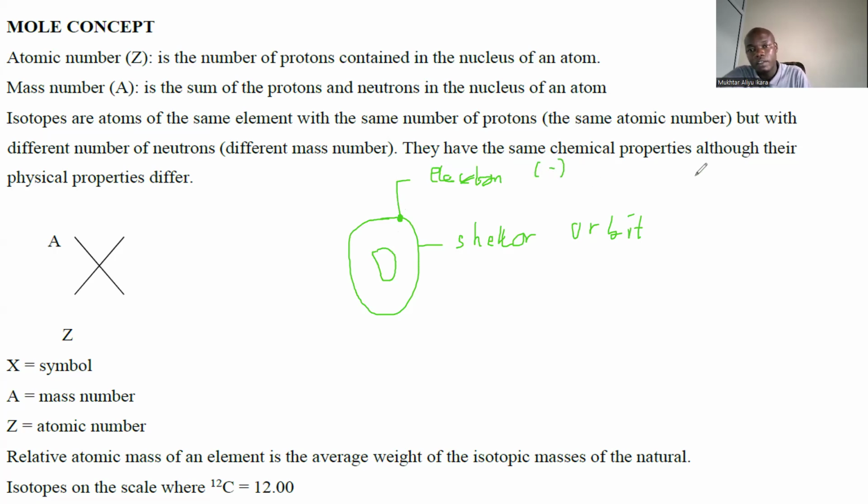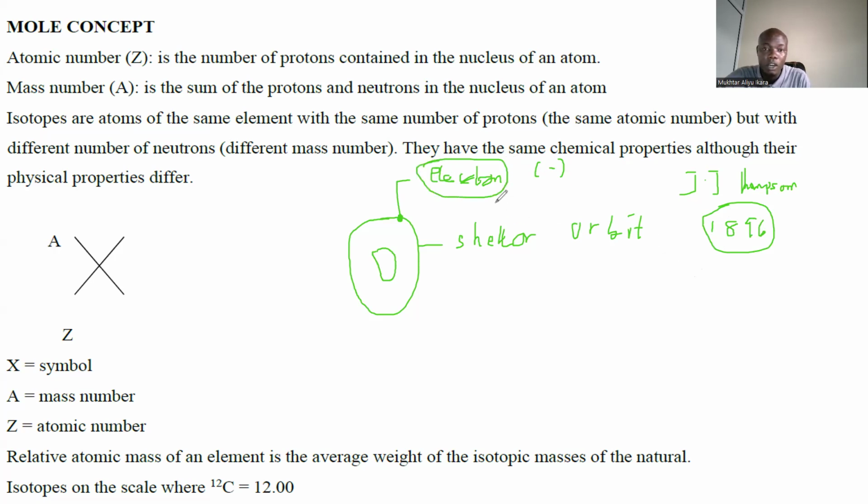And of course, remember, the first scientist that was able to discover electrons is J.J. Thomson, in the year 1896. This scientist was able to discover these electrons, and they have their own properties.